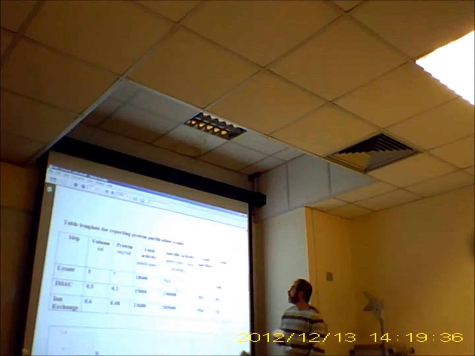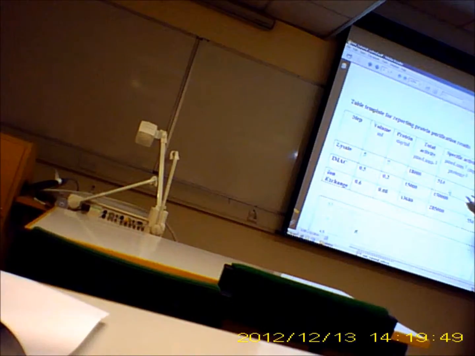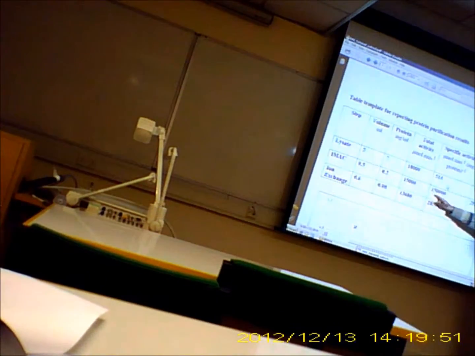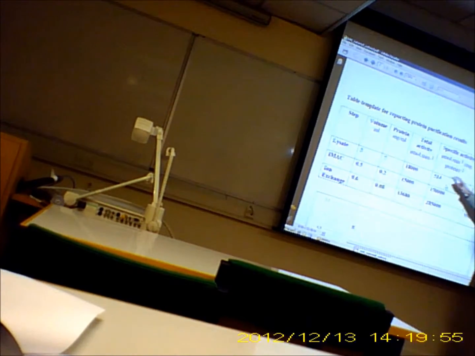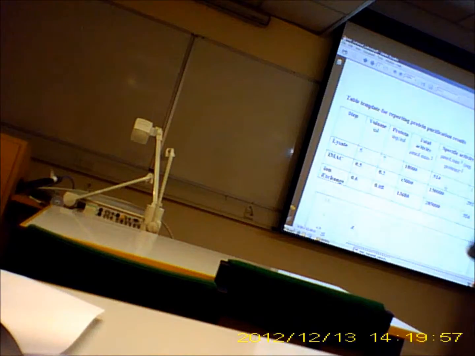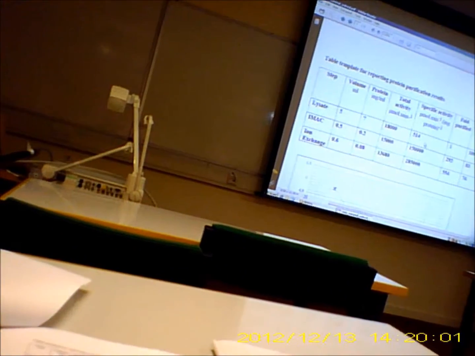So, and the yield is 100% because we didn't yet lose anything. To calculate the fold of purification, you simply divide the specific activity at a particular step by the specific activity of the enzyme in the lysate.